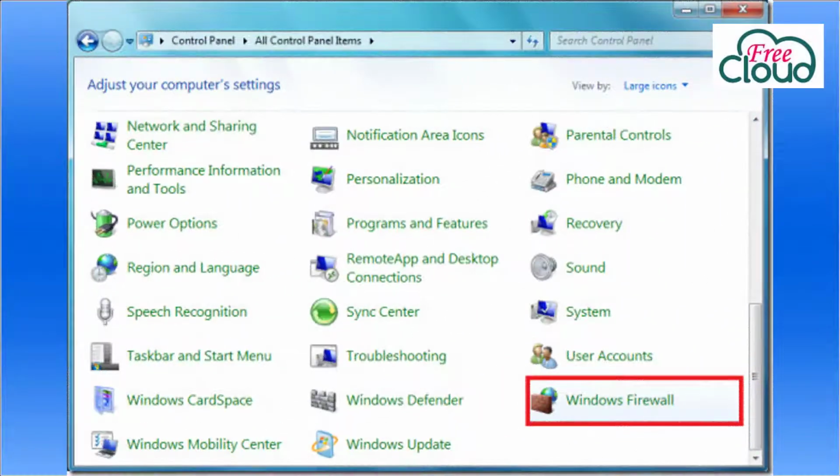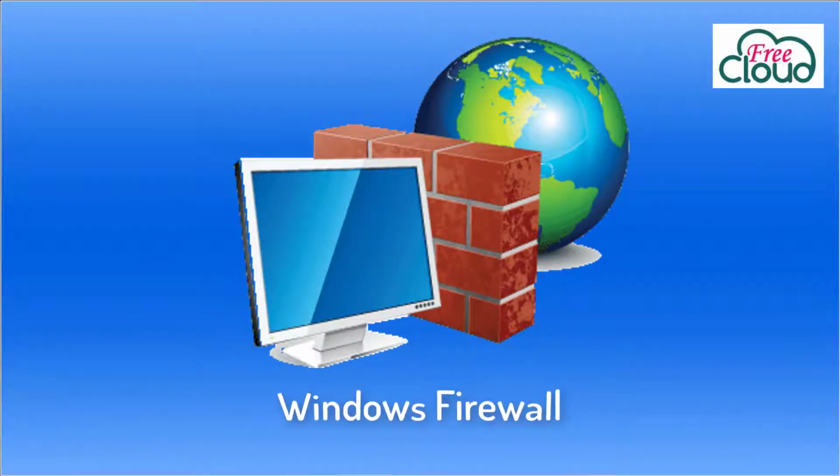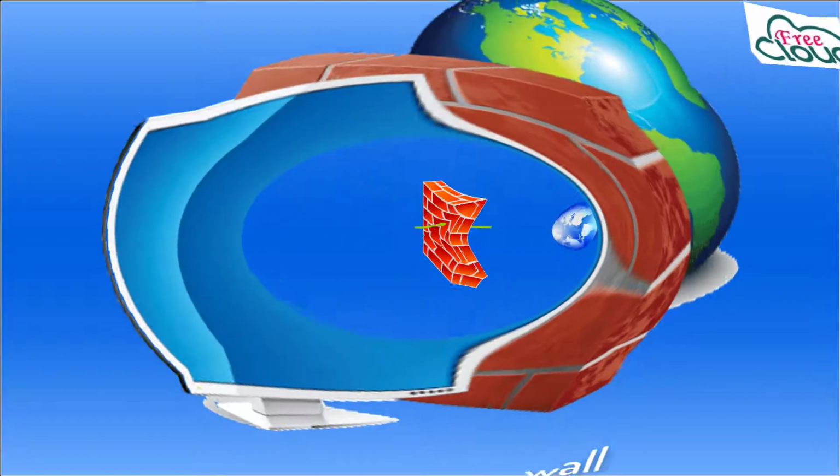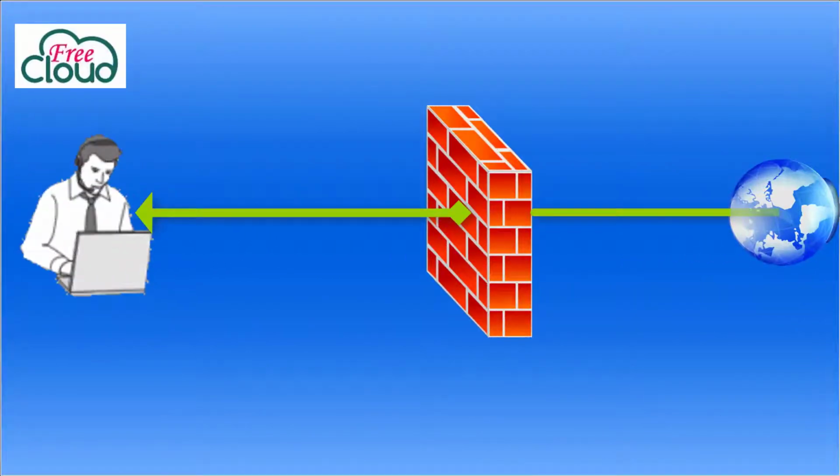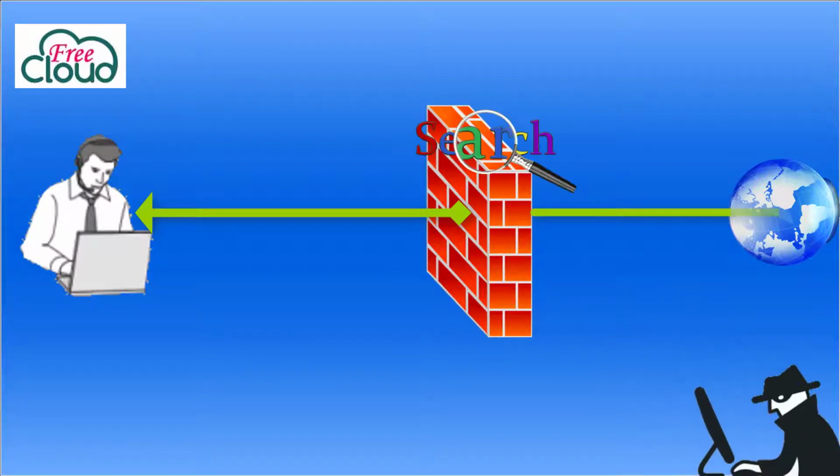As you know, Windows Firewall is a firewall component of Microsoft Windows. It was first included in Windows XP Service Pack 2 and Windows Server 2003. Windows Firewall is a software application that sits between your computer and the internet to protect your computer from attacks coming from hackers on the internet.